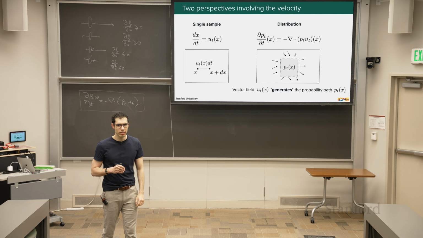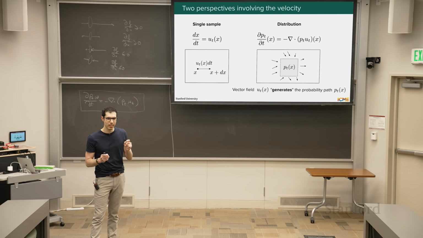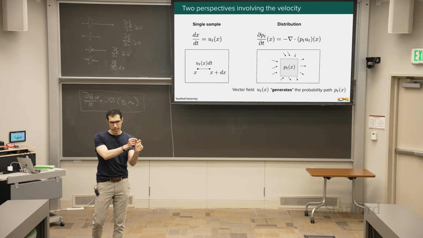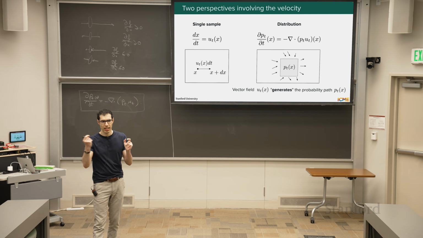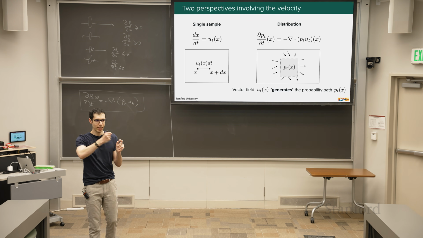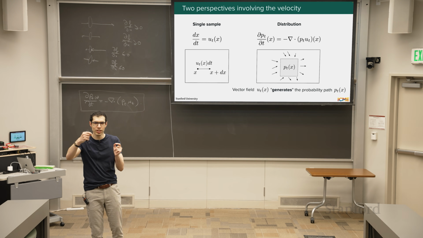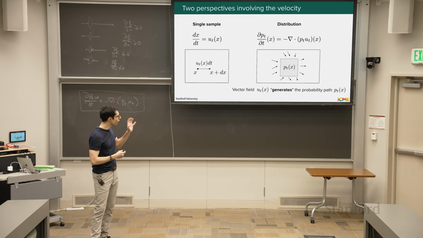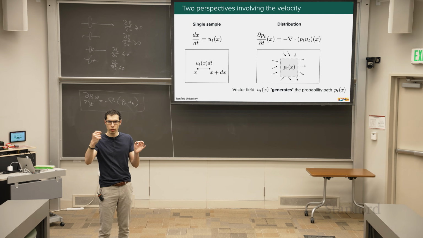So now you may wonder, why should we care? Just remember that our goal is to sample an observation from the initial distribution P0 and to map it to the target data distribution. And the way we want to map it is we want that particle to go from one place to another using the vector field. So what we want is to find a probability path that will allow us to go from P0 to P1.